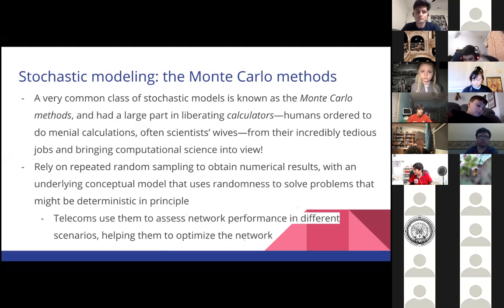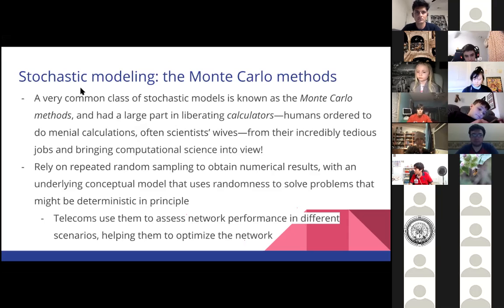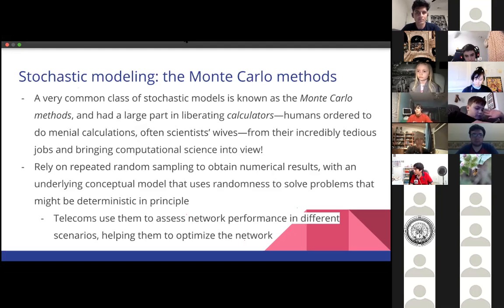So a very common class of stochastic models is known as the Monte Carlo methods, and they had a large part in liberating calculators, humans ordered to do menial calculations, often scientists' wives. It was a fairly misogynistic culture back then, from their incredibly tedious jobs and bringing computational science into view. So Monte Carlo methods rely on repeated random sampling to obtain numerical results with an underlying conceptual model that uses randomness to solve problems that might be deterministic in principle.